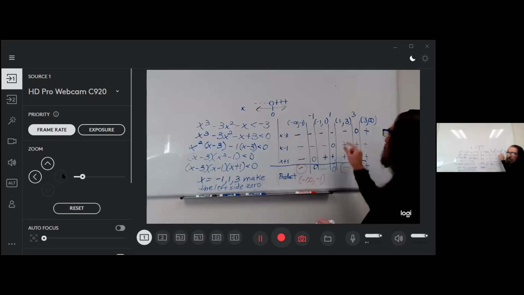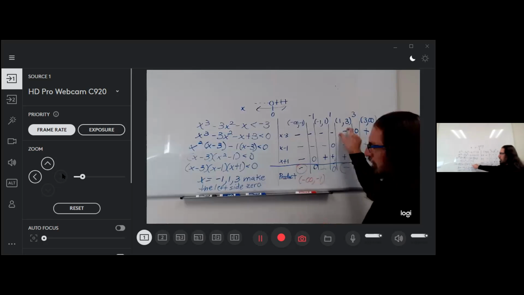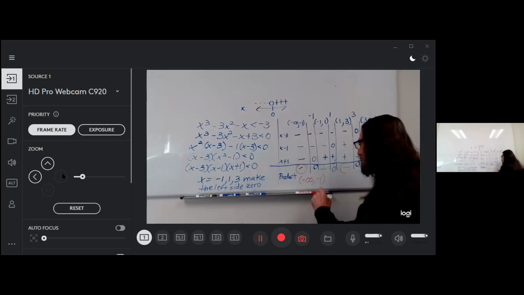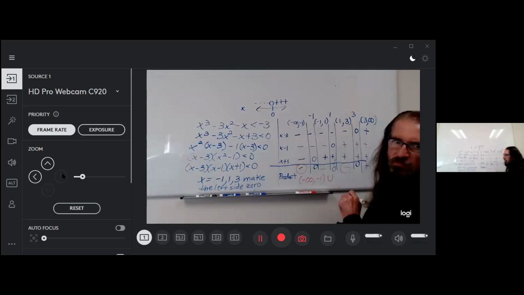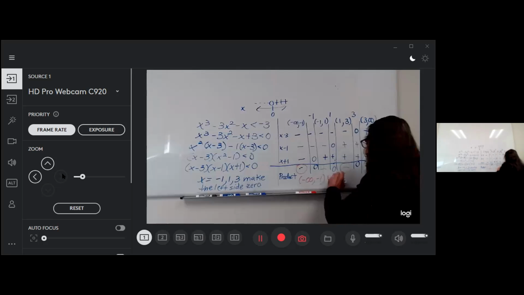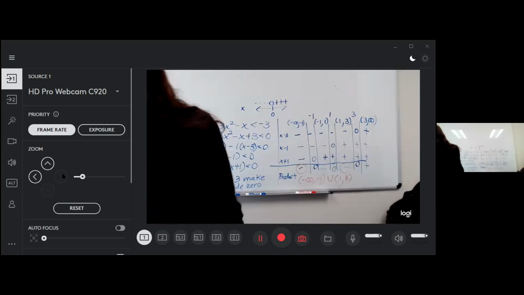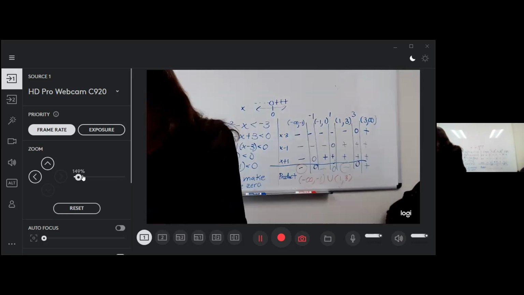And the other one is 1, 3. Same deal, we don't have an or equal to, and so we'll have parentheses by the 1 and the 3. So there is our solution in interval notation.